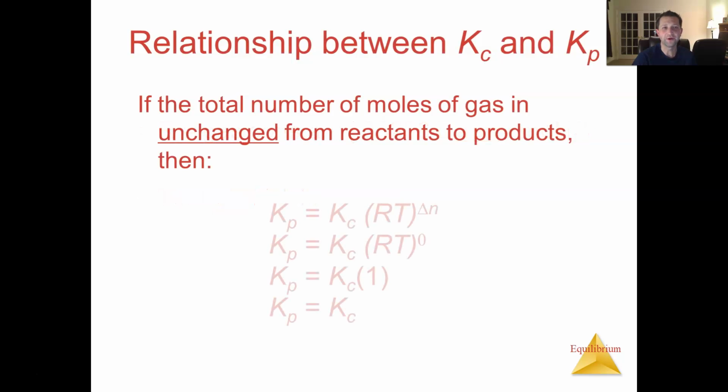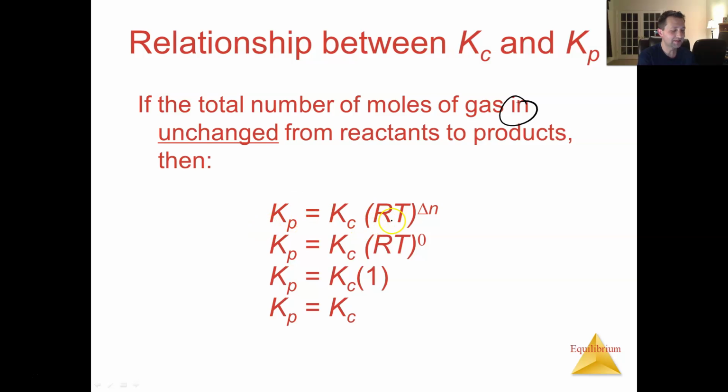A good shortcut for you. If the total number of moles of gas is unchanged from reactants to products, look what happens. Kp is Kc RT to the delta n. If the product number of moles and the reactant number of moles is the same, then your delta n is 0.